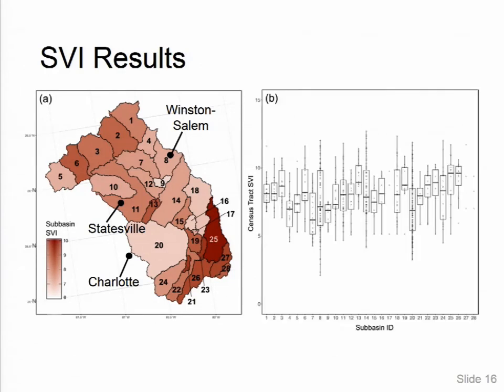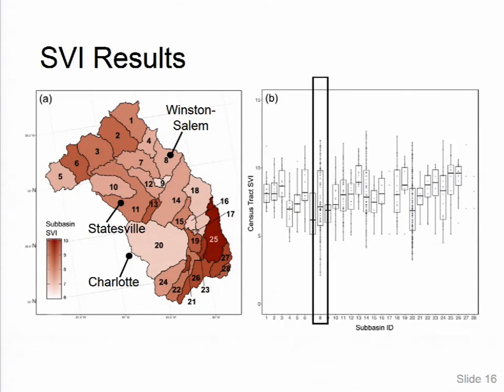And then what I was mentioning before, why it's important for us to include both the subbasin scale and the finer resolution data, is because we see, here we have census tract social vulnerability index on the Y axis and the subbasin ID, which corresponds to these numbers on this figure, on the X axis. Each dot on this figure represents a census tract.